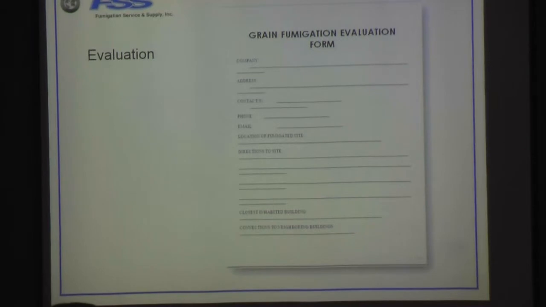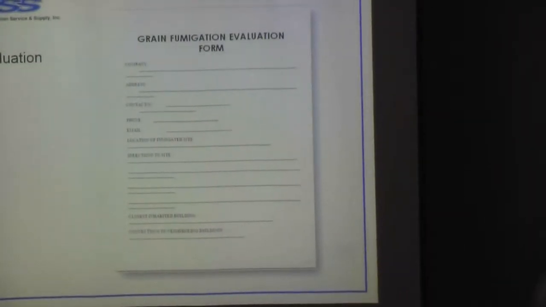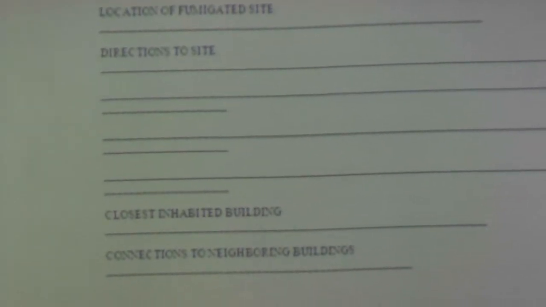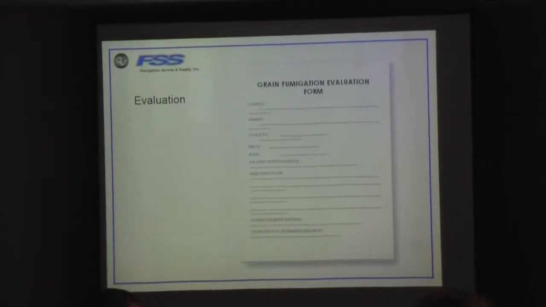So on evaluation, I assume most everybody in here is dealing with grain fumigations. We've got a different evaluation form for the different types of fumigations that we do, structural or space or grain fumigations. Every site we go to is different, every grain bin is different.